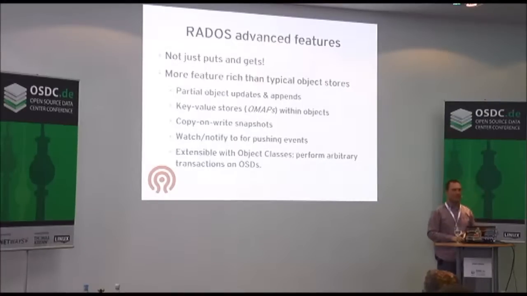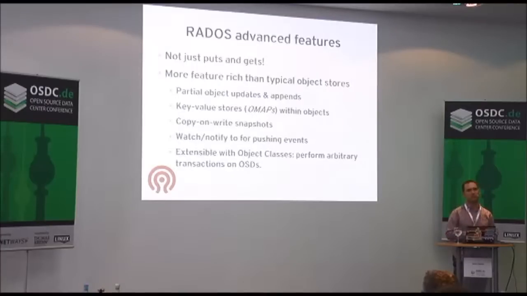So beyond simple puts and gets of objects, RADOS can do a lot more than you would expect from a typical object store. We can partially update objects. We can store key value dictionaries within a particular object. We can do snapshots of the objects. And we can also use it for messaging.